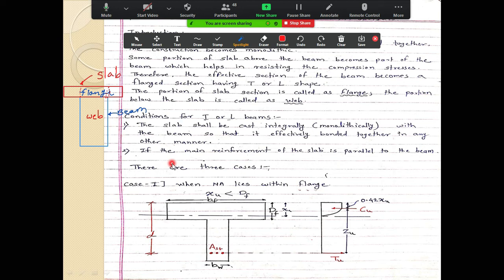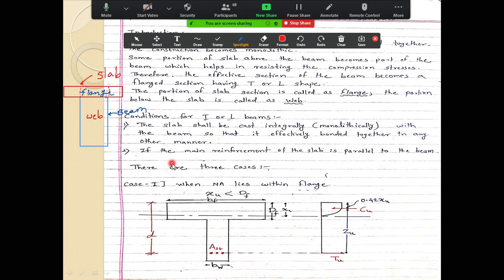Okay, and so a strong bond is developed between the slab and beam. Are you getting my point? Due to this, what is happening? Some portion of the slab which is above the beam acts as part of the beam, and it resists the compression stresses which are coming on that beam.